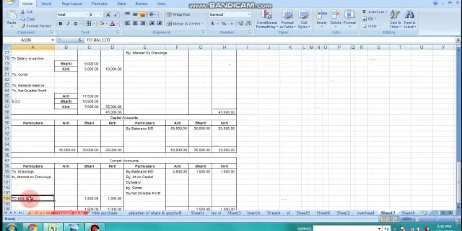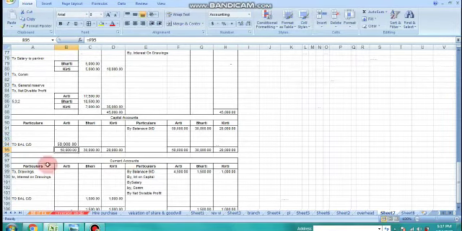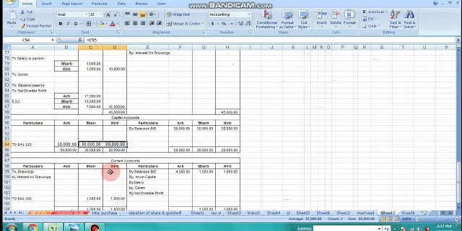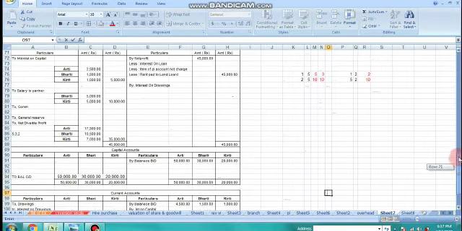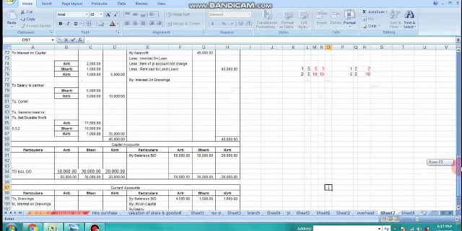There is no balance, so the same answer will come over here. Just transfer to the current account, because in the question it's mentioned capital and current account. That means it is a fixed capital method.